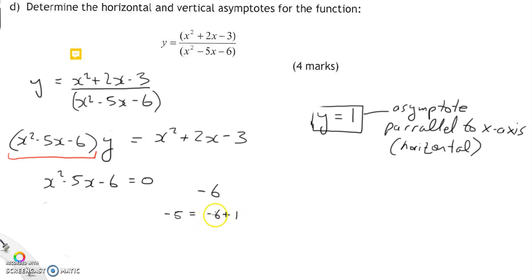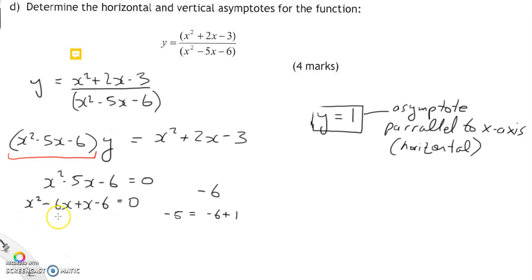And 1 multiplied by minus 6 gives us minus 6. So we can rewrite this as x squared minus 6x plus x minus 6 equals 0. We've rewritten it. Right, now we're going to try and factor.